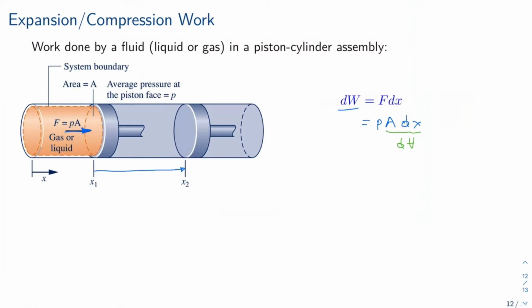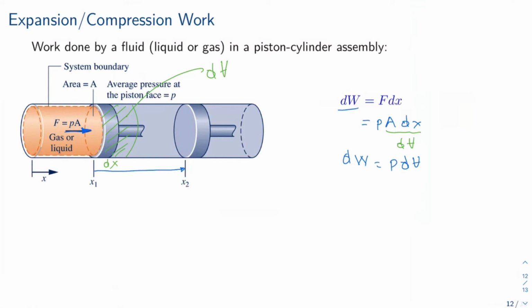So if we move from this position to this, this is delta x or dx, and that will be the differential of volume. So the differential of work is equal to P multiplied by the differential of volume.